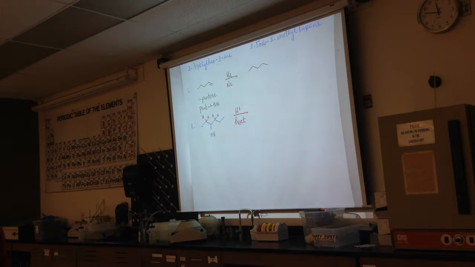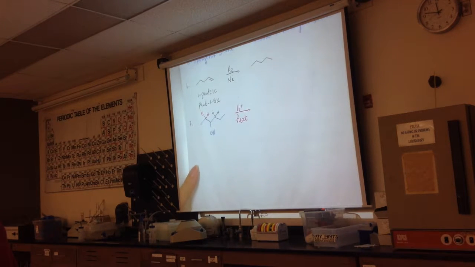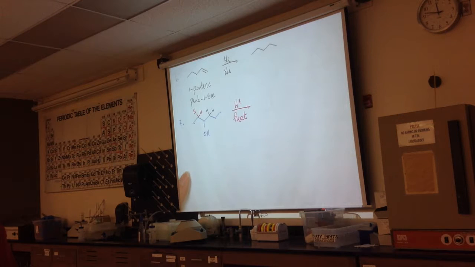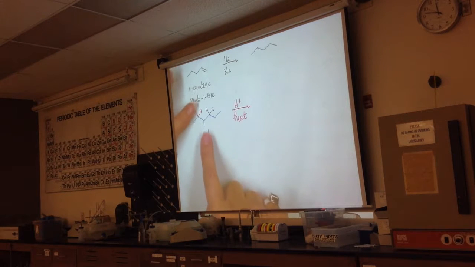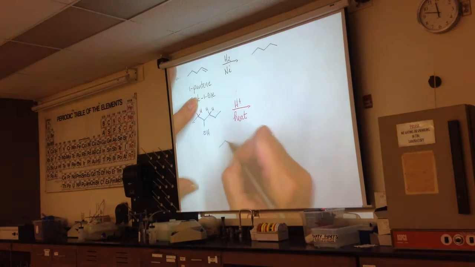All right, so when you have the same number of hydrogens, the next thing that you have to look at is if your molecule has symmetry or not. If you remove water from there, your alkene is this.